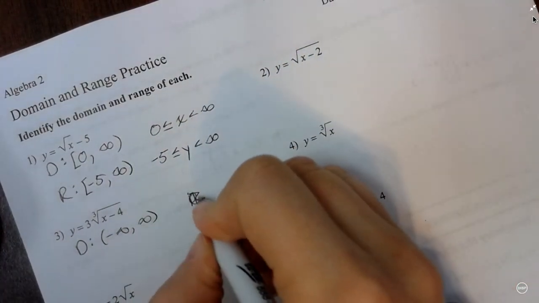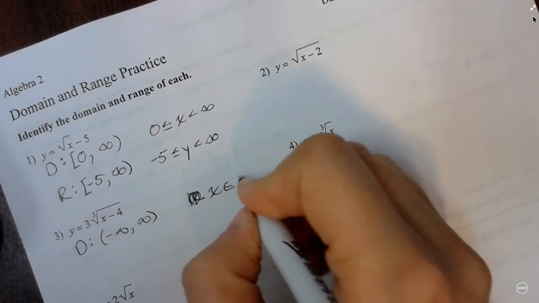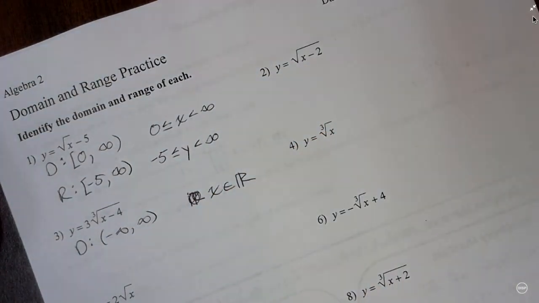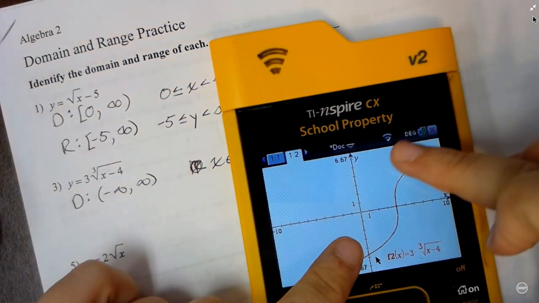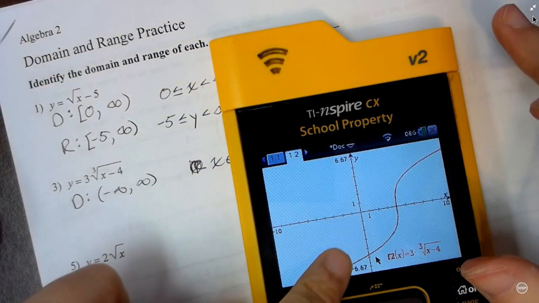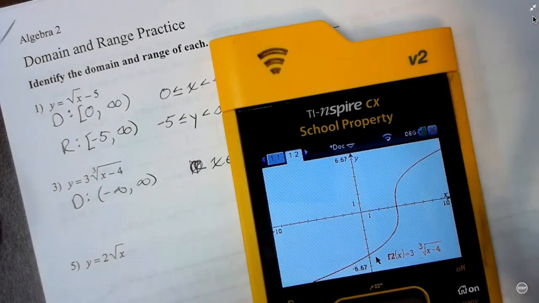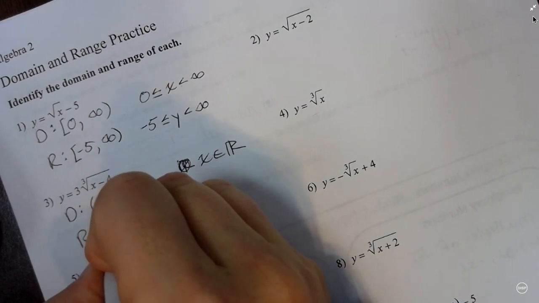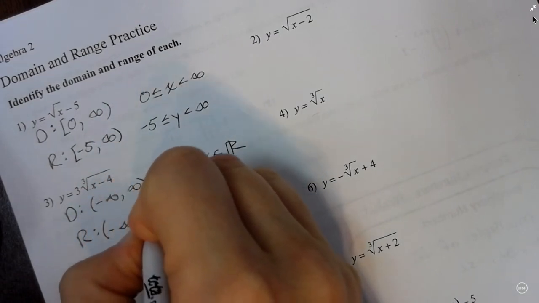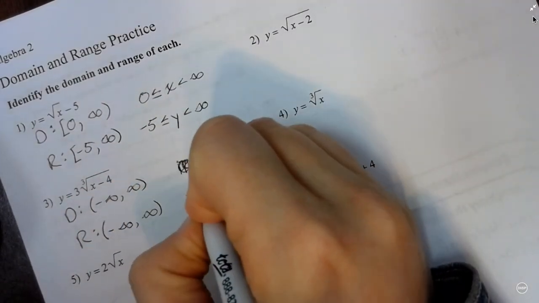In fact, let's make that proper. X is an element of the real numbers. And then the y's are the same way. So they're gradually going up this way and gradually going down that way. They keep going forever. So the range is going to be negative infinity to positive infinity, or you can say y is an element of the real numbers.